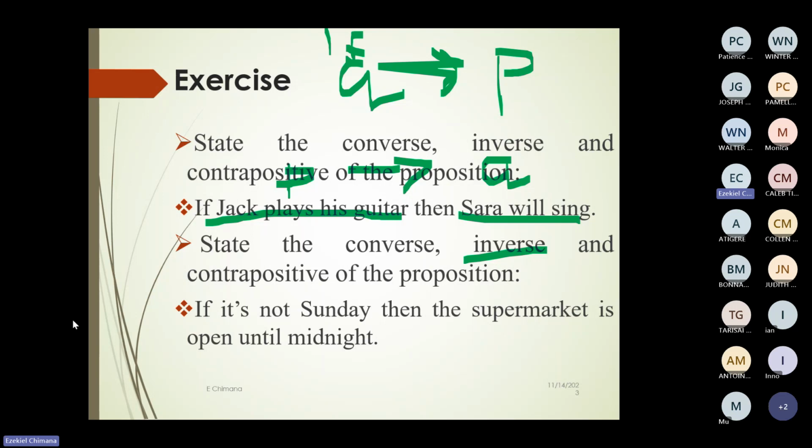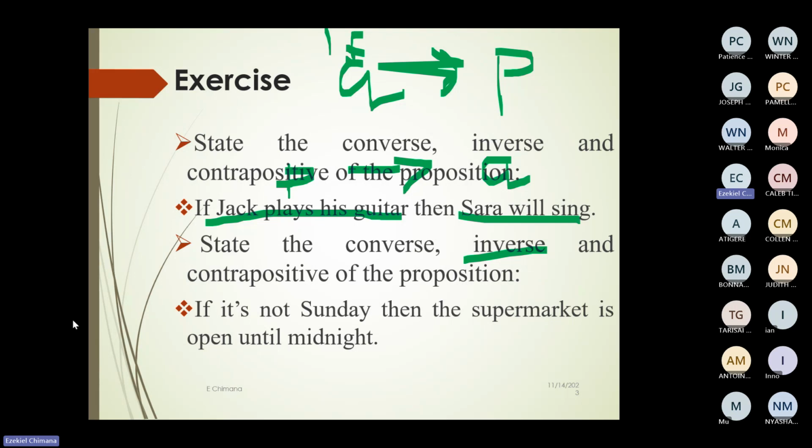What about the contrapositive? That's the negation of the converse. Exactly. The contrapositive is now the negation of the converse.